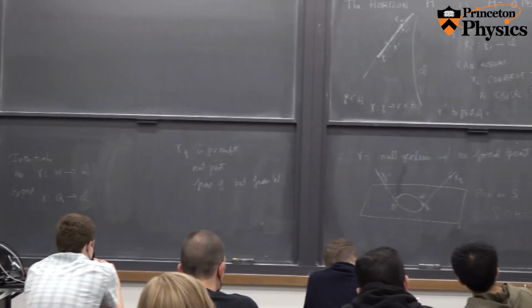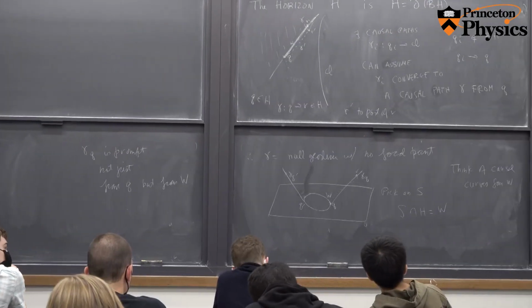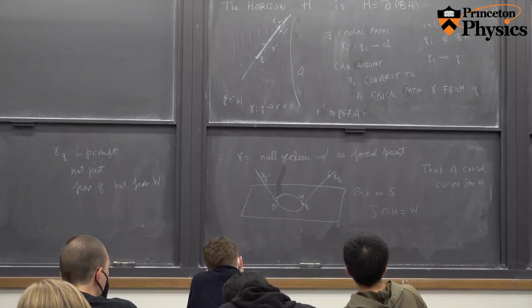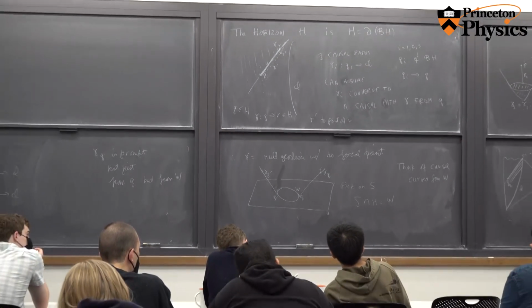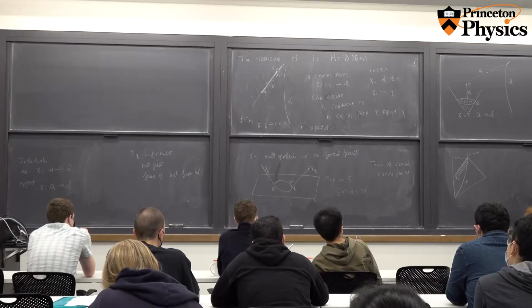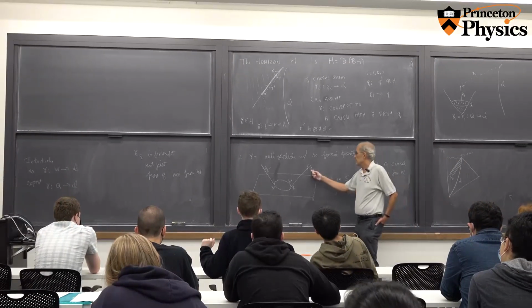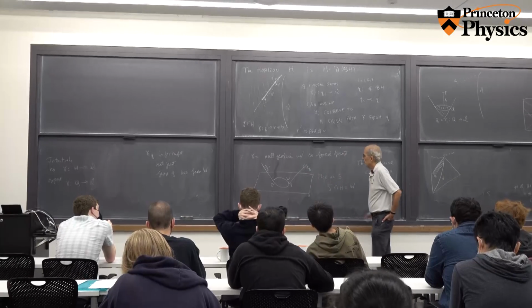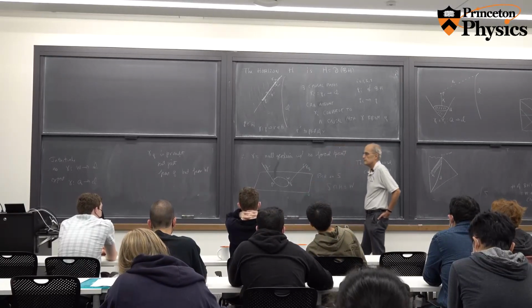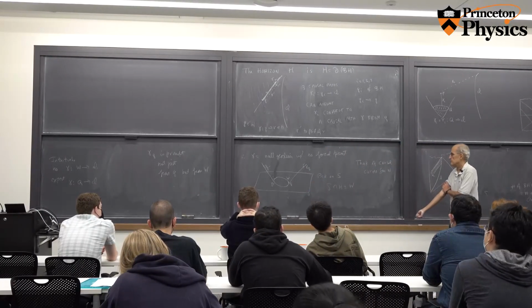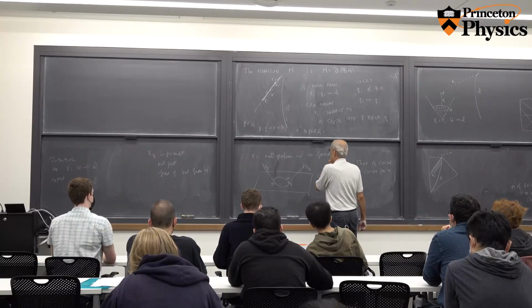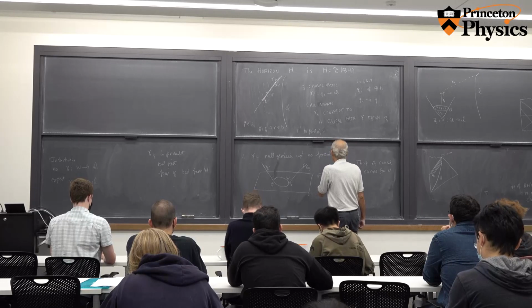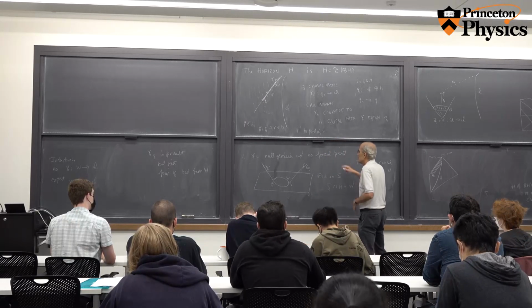So essentially the same argument as before shows that these null curves that emanate from horizon points and stay in the horizon are prompt as curves from W, not just as curves from wherever they originate. So we have one more property of gamma now.